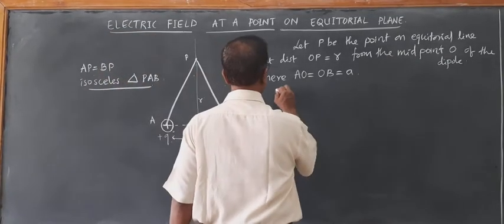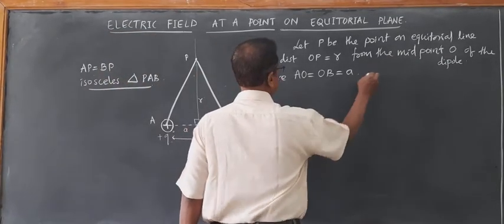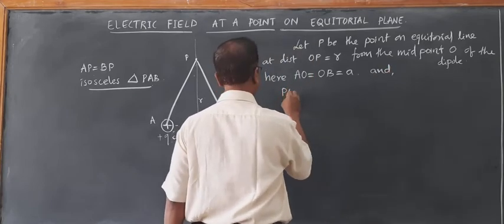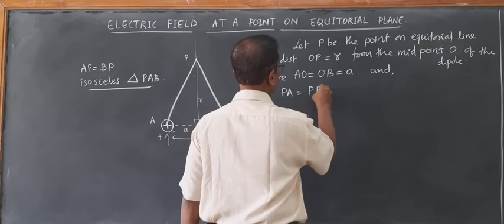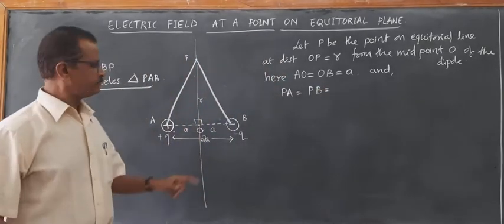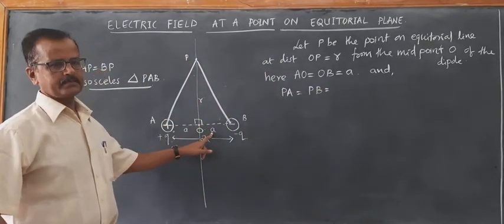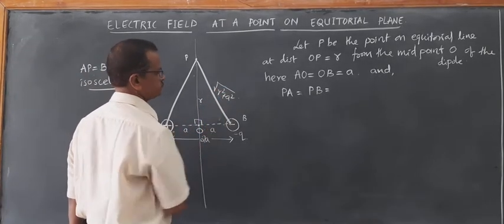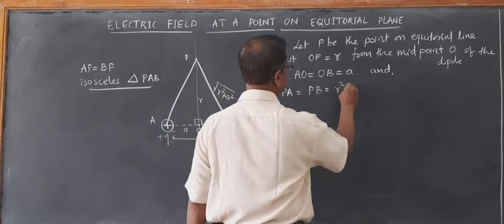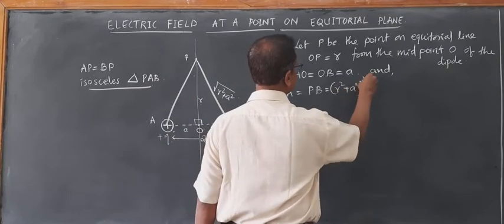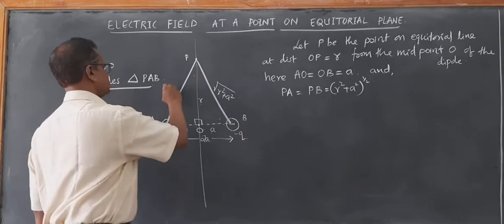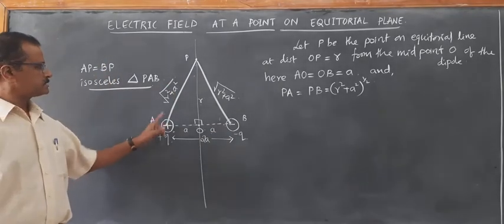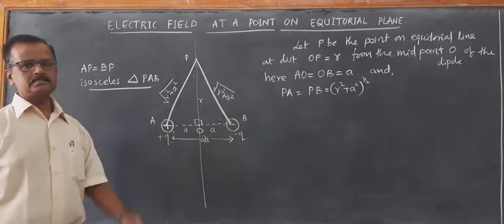PA equals PB equals the square root of r square plus a square, applying the Pythagoras theorem. That is (r square plus a square) whole raised to half, which is also the square root of r square plus a square. So we got the distances AP and BP.